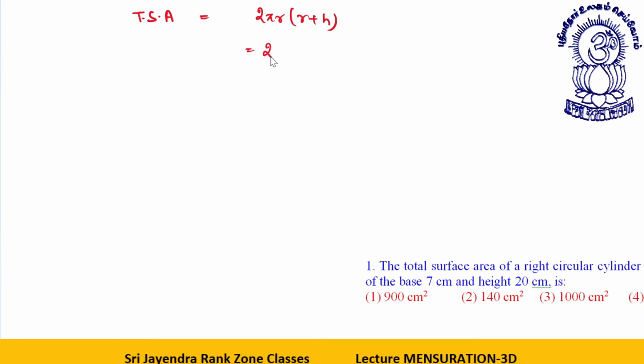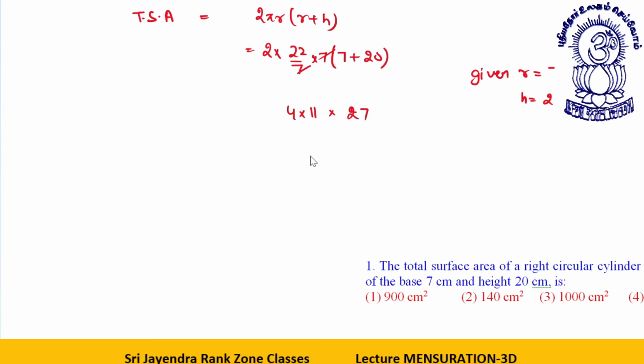What we were given: r is equal to 7, h is equal to 20. You just need to put the values in the formula. So 2 into 22 by 7 into 7, in the bracket it is 7 plus height 20. So 2 into 22, I can say 4 into 11 into 27.